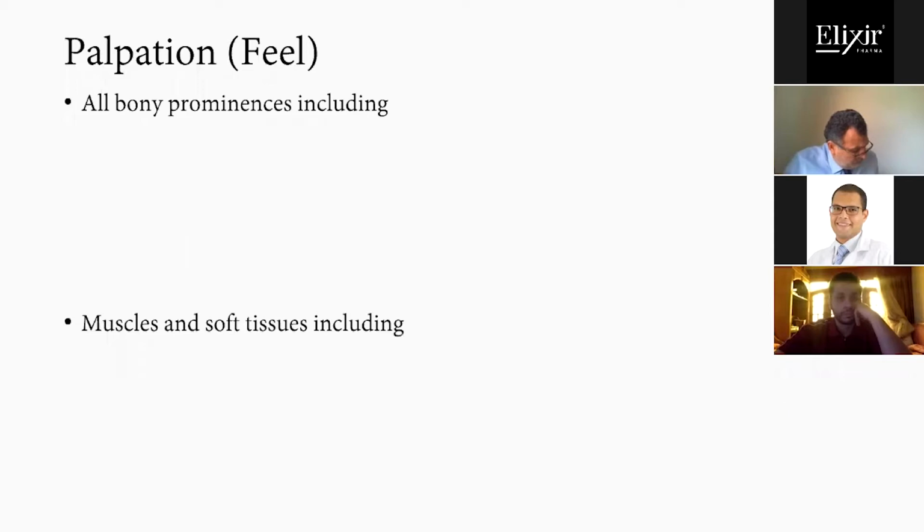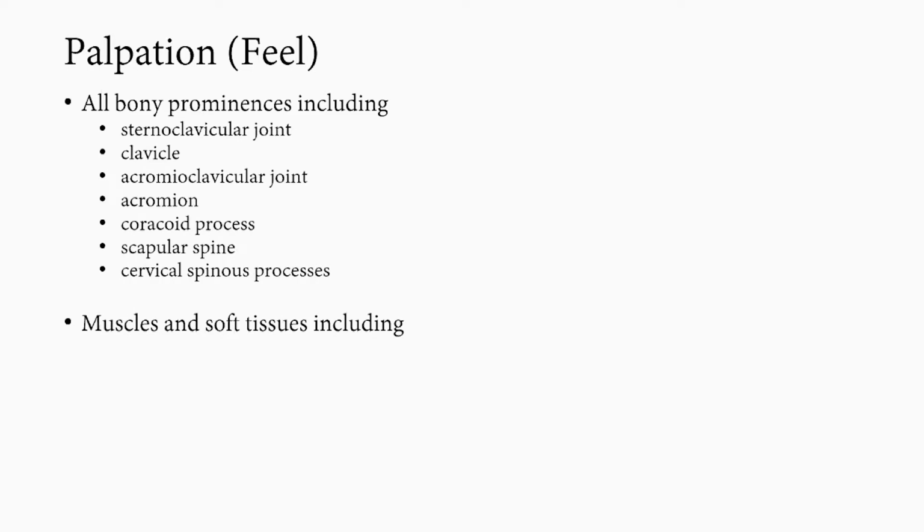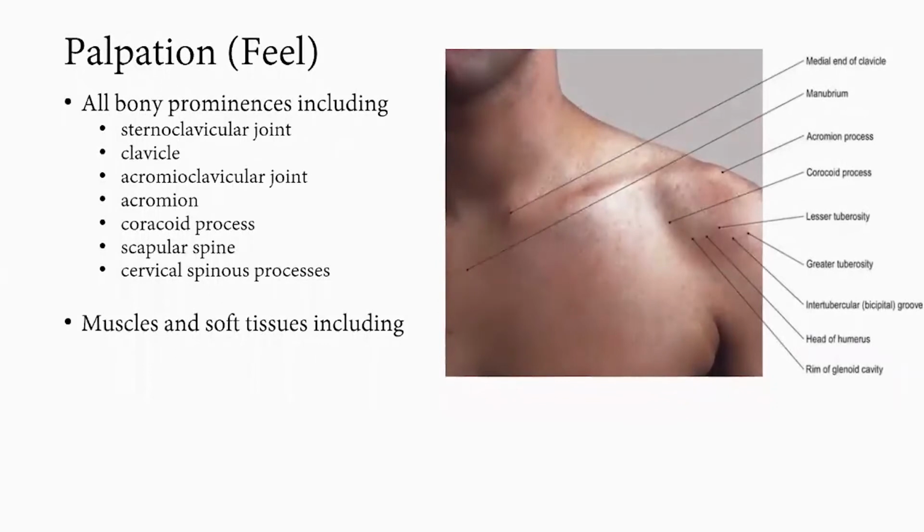Then you start by palpating the shoulder, starting with the bony prominences. It's very important here to have a direction, whether you start from medial to lateral or from lateral to medial. It's beneficial to have a direction so you don't miss any point. You can start medially by palpating the sternoclavicular joint, the clavicle, the acromioclavicular joint, the acromion, the coracoid process, and the humeral head.